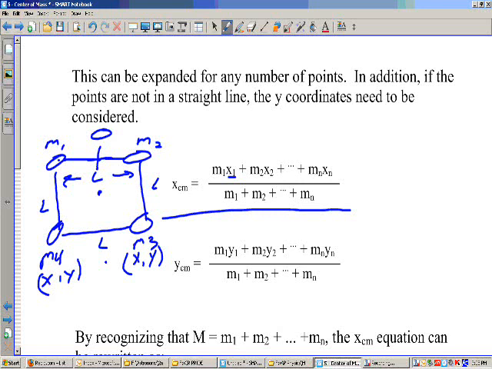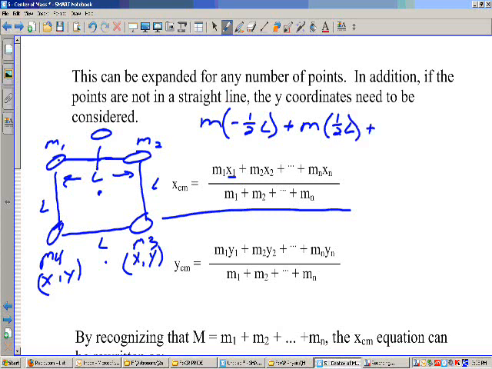I'm just going to call all the masses the same, a mass of M. So what I'm going to have is simply M, my mass 1, times the distance from where it is to the origin in only the x direction, and that's negative 1/2 L. I'm going to add to it my next mass, M2, which is also 1/2 L from the origin, except in the positive x direction.